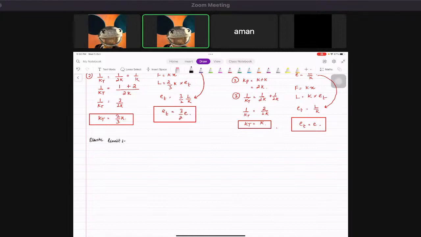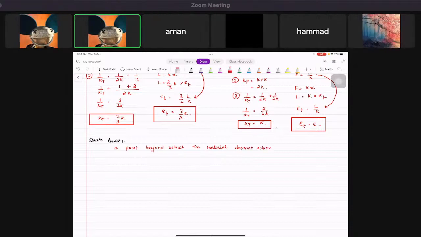So elastic limit is a point beyond which the material does not return to its original shape, and it is permanently deformed.